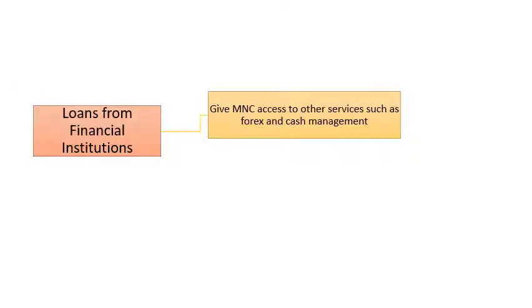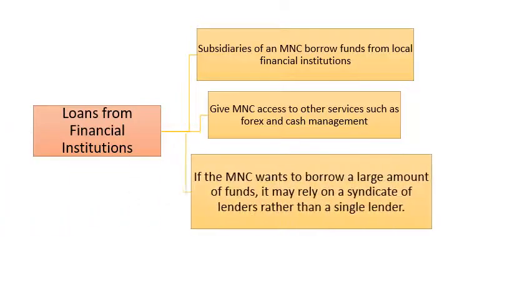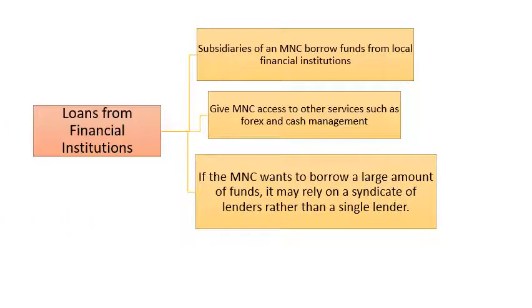Both the multinational corporation and its subsidiaries can borrow funds from local financial institutions. Other advantages include giving the multinational corporation access to other services such as forex and cash management provided by banks. If the multinational corporation wants to borrow a large amount of funds, it may rely on a syndicate of lenders rather than a single lender.